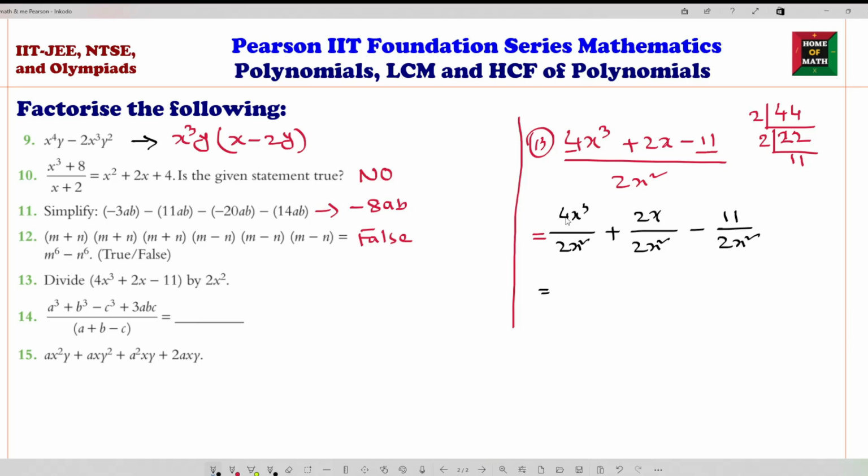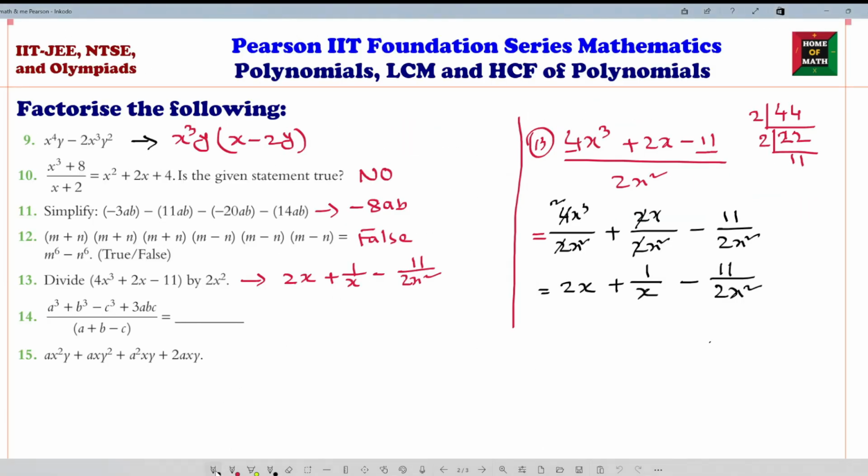So look, 4 divided by 2, here is a 2, and x cube divided by x square, it will be 2x, and 2 out, x divided by x square, it means 1 by x, minus this one is 11 by 2x square. Okay, so this one is clear.